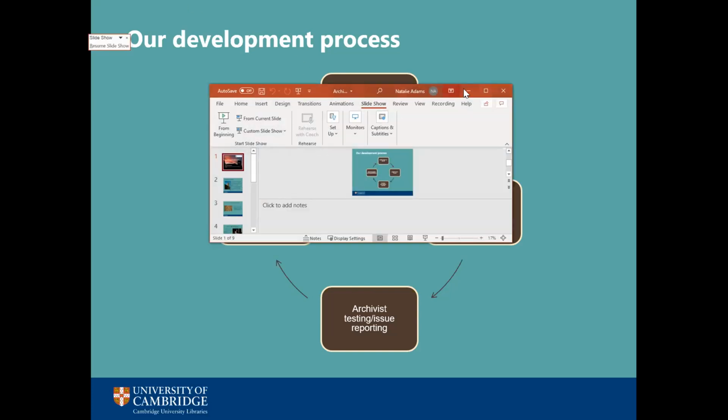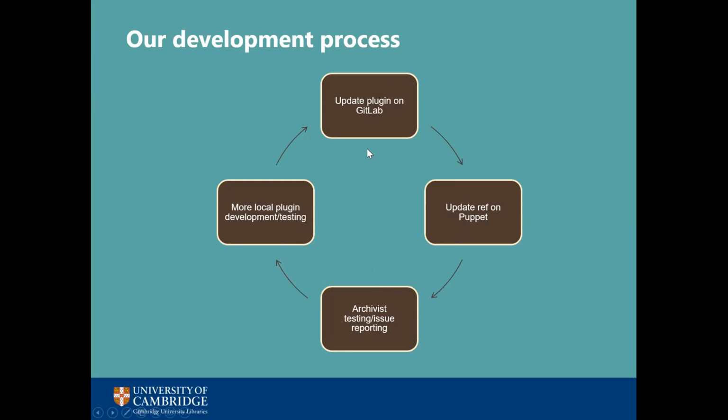The development of the plugins follows a fairly standard process in that we work with the archivists, work out what changes are needed, work out the requirements, do the code, and deploy them. That's a fairly standard development process.